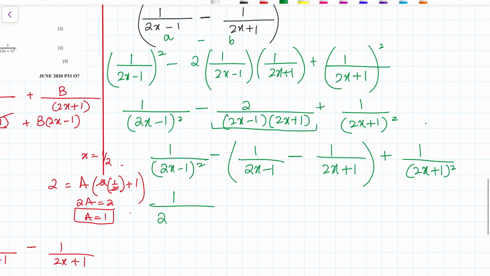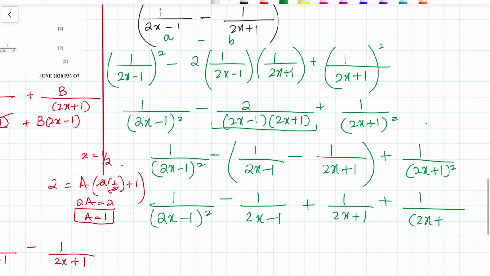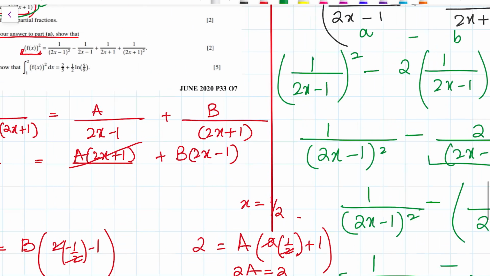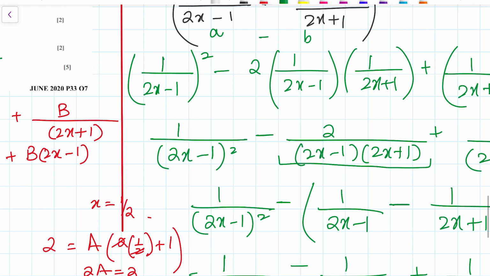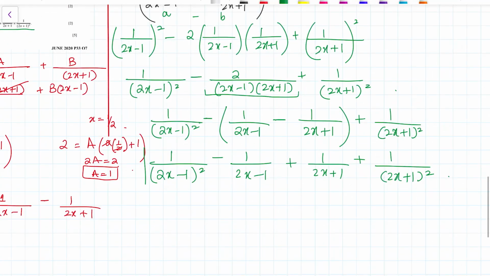Now 1 upon 2x minus 1 whole square minus 1 upon 2x minus 1 plus 1 upon 2x plus 1 plus 1 upon 2x plus 1 the whole square. And this is exactly what they want us to show. So we have shown the answer, proven it.